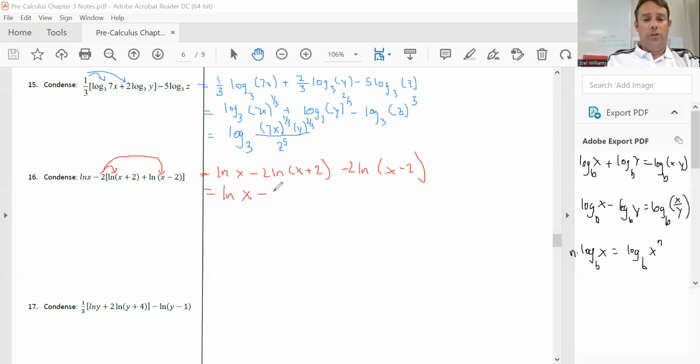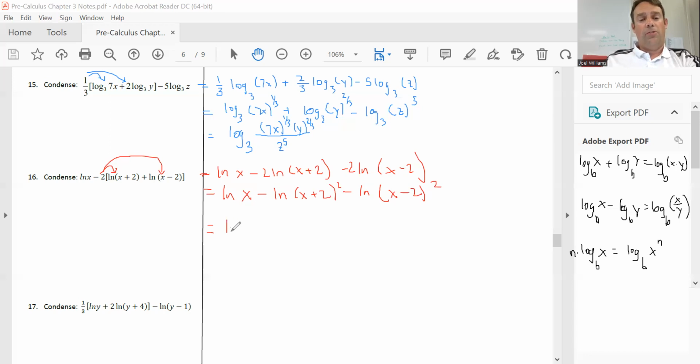So minus natural log of x plus 2 squared, minus natural log of x minus 2 squared. Natural log means these are all logs of base e. They have the same base, so I can put them together.